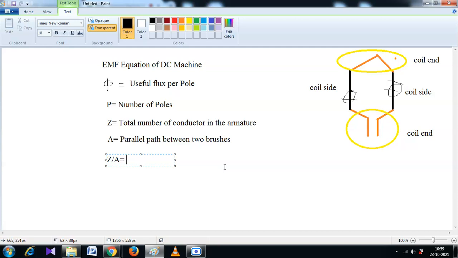Then how many conductors are in series in a path?